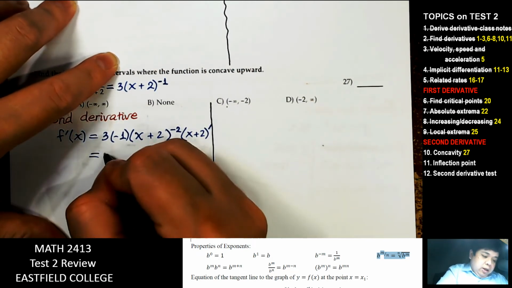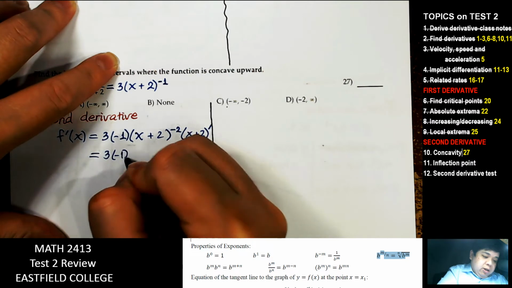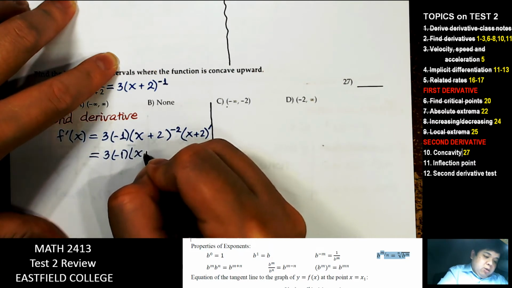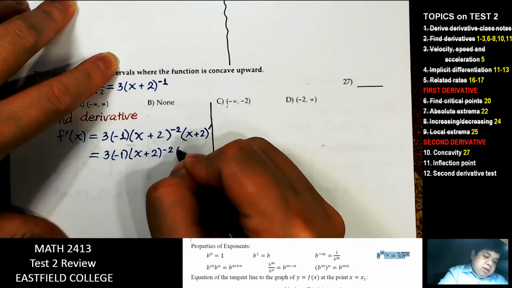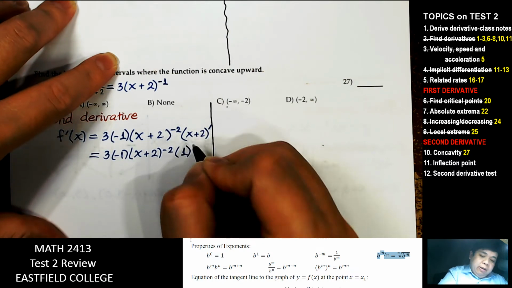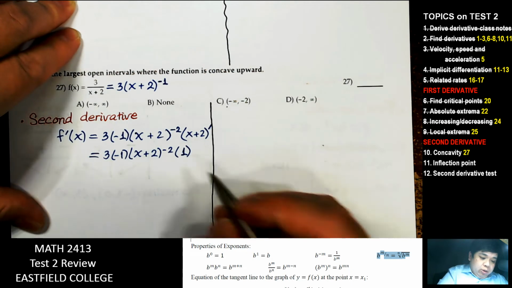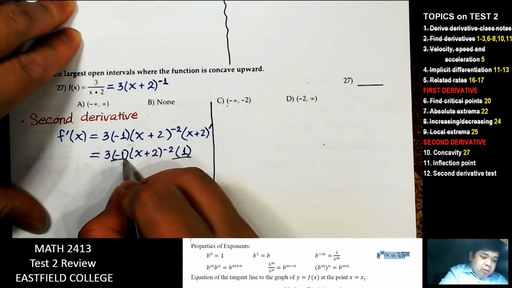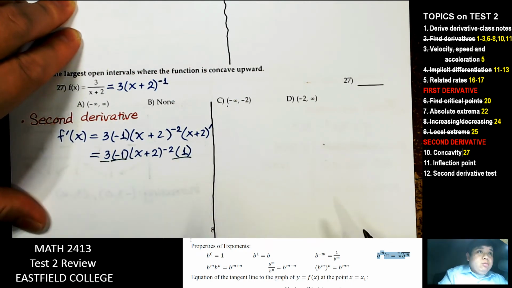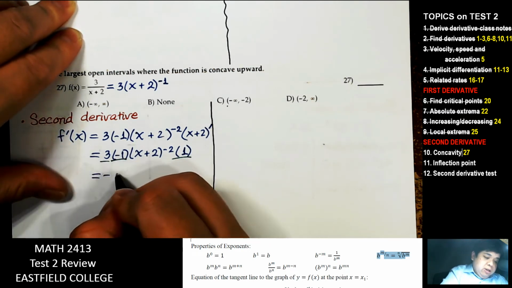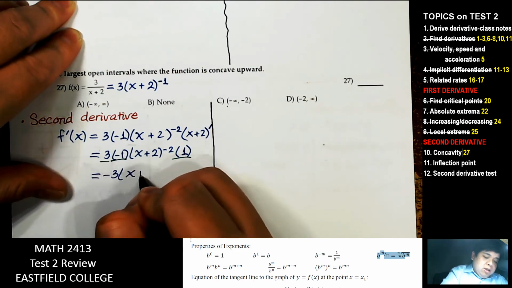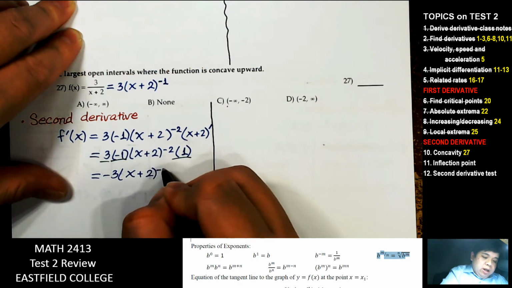So 3 times negative 1 times x plus 2 to the negative 2, and the derivative of this is just 1. Now we have 1, negative 1, and 3. All of those multiplied together give us negative 3 times x plus 2 to the negative 2.